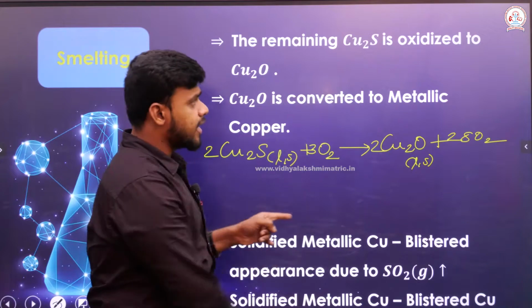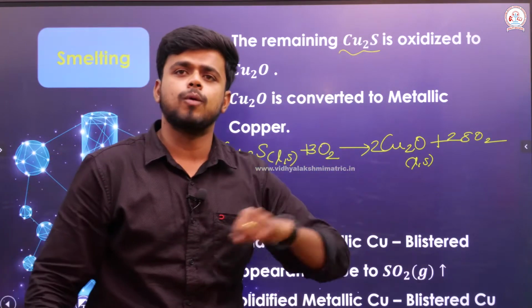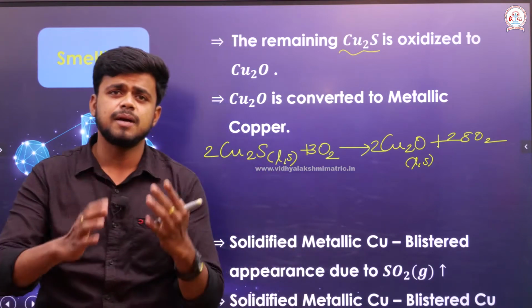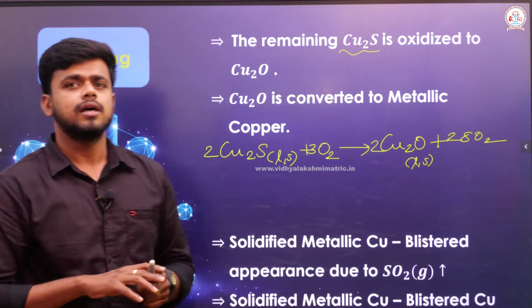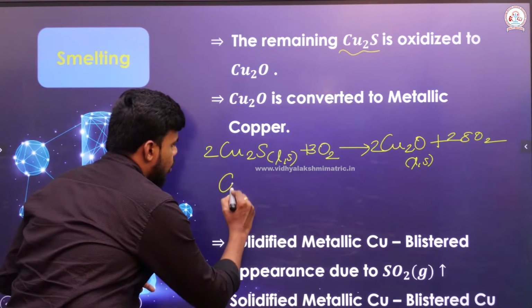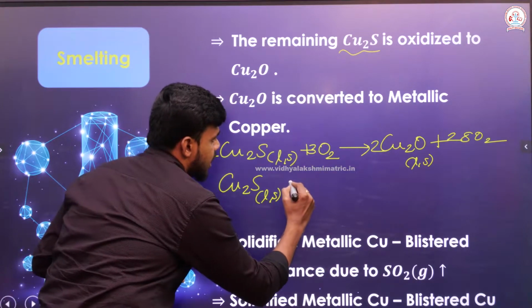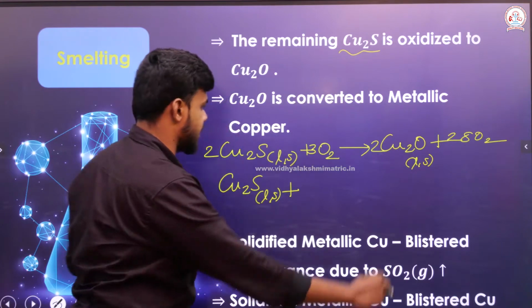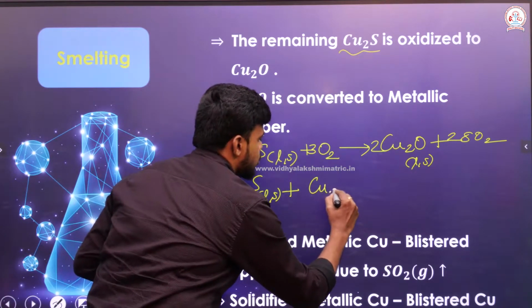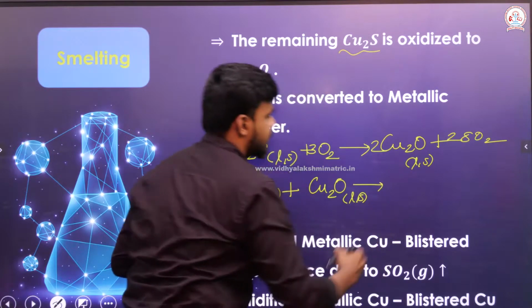It is not that all the Cu2S will be oxidized to Cu2O. There will be some Cu2S left as it is. So, the leftover Cu2S, which might be in the liquid or in the solid, will react with the Cu2O that has been formed here, Cu2O existing as a liquid or solid.